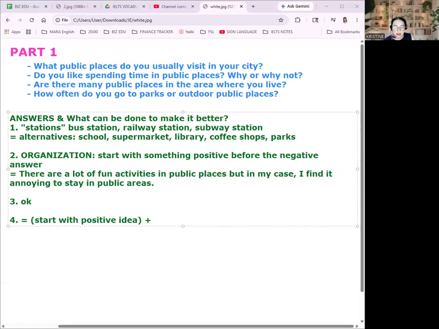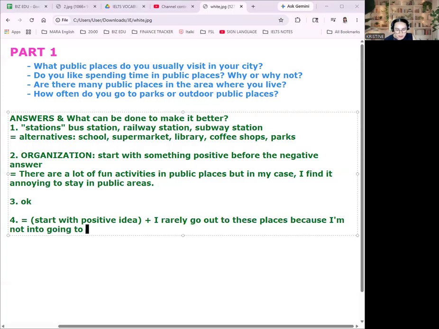So you can say you don't go out much. You only go there when you need to go somewhere. So you can say, I rarely go out to these places, and same with your answer for number 2, because I'm not into going to public places.